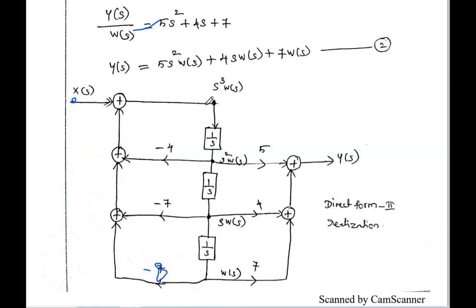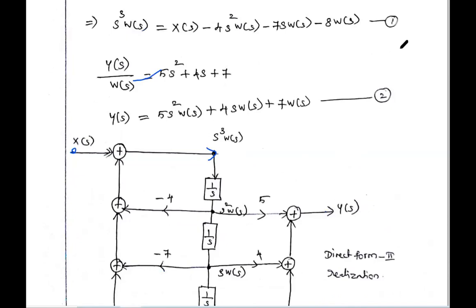So the output of this adder is nothing but s power 3 W of s. So we implemented the first equation. Okay. So s power 3 W of s answer is available here. This half of the diagram we implemented.